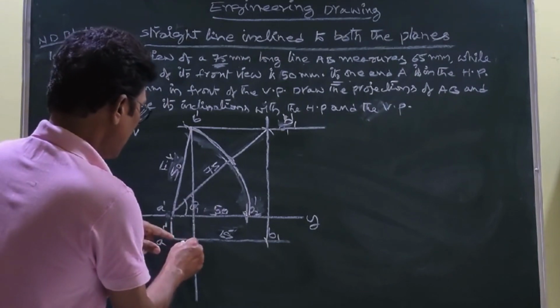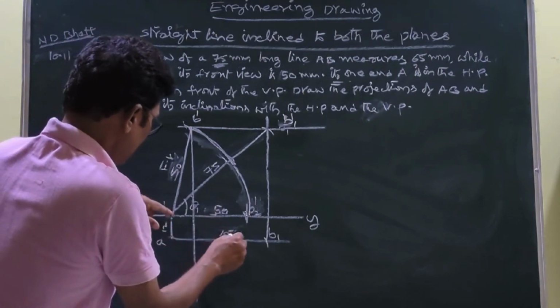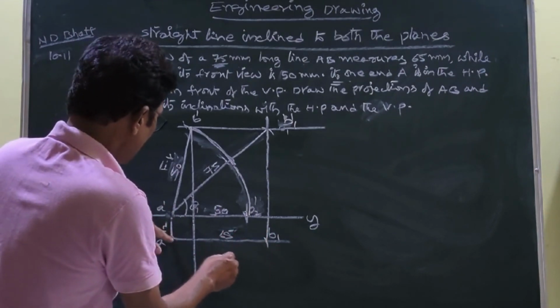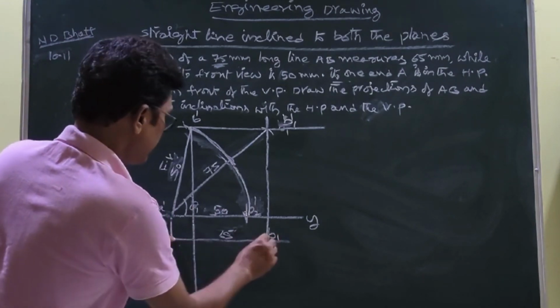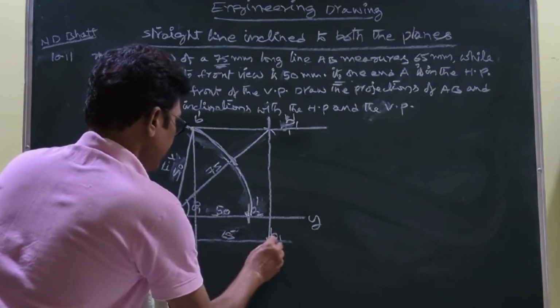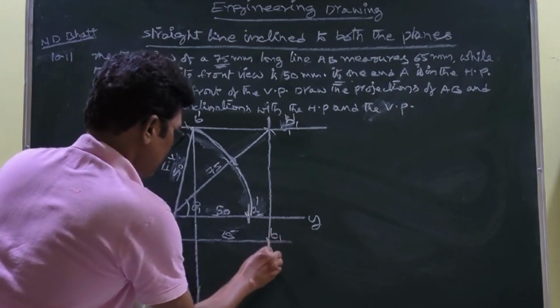Again you come over here, A dash coming over here, with A B1, 65 as a radius, A as a center, you draw an arc.